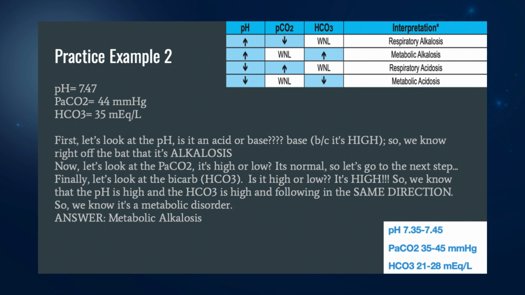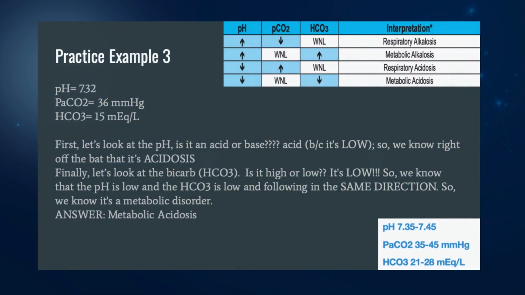Okay, let's move on to our next question. Okay, question 3. So we have 7.32. We can see that it is less than the normal range for the pH. So because we know that, let's go on.